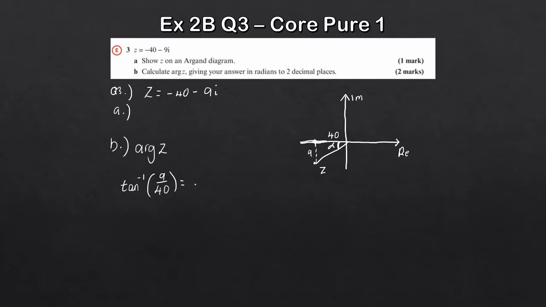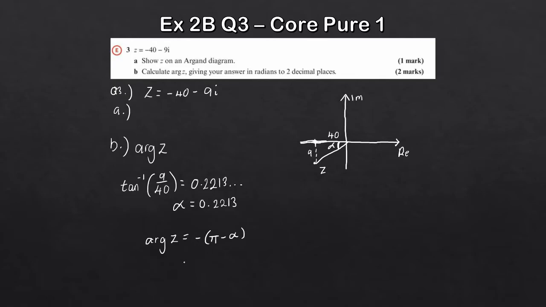This gives 0.2213, and so on. So therefore alpha is equal to this. When you're in the third quadrant, remember the argument is defined as minus pi minus alpha here.